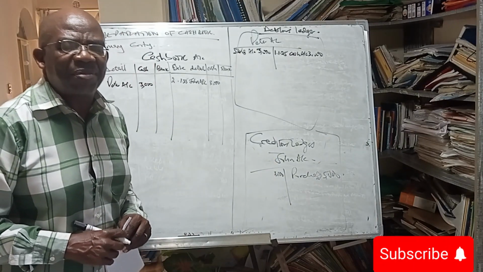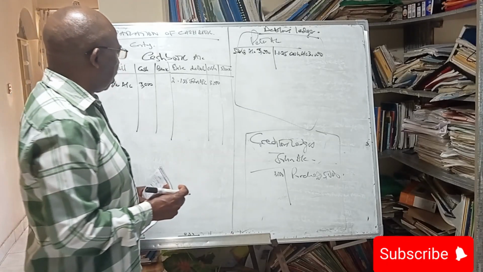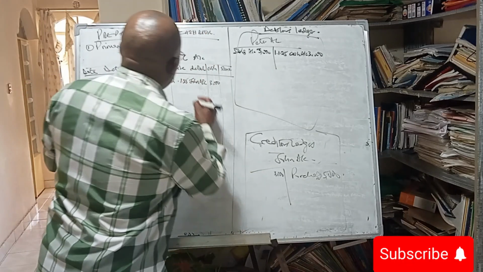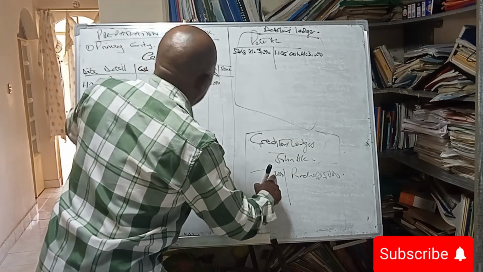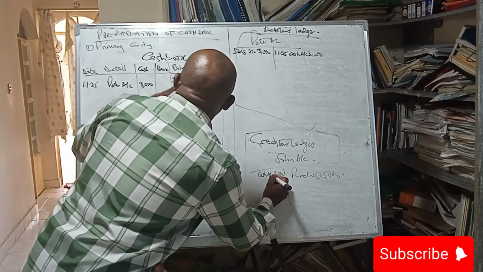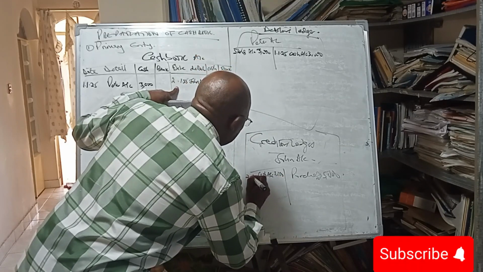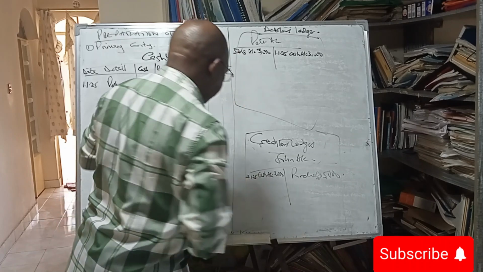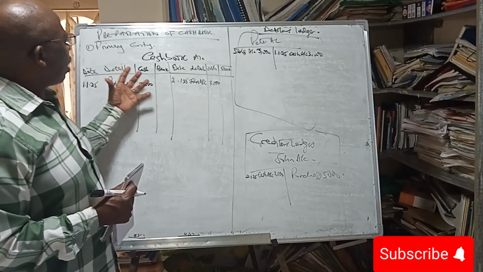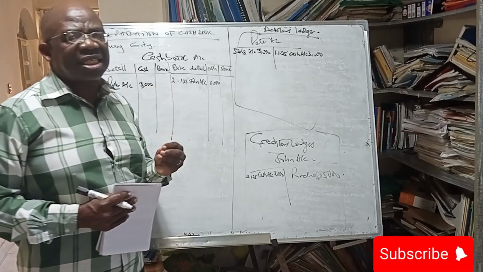Then we cross-reference the description. Here we say John, but here we say cash account. And we put the date, 2nd of January 25.